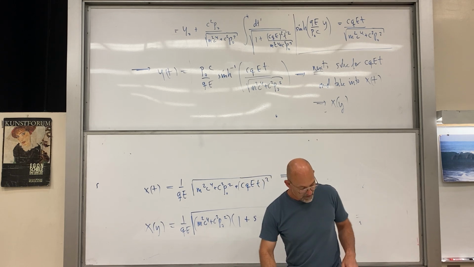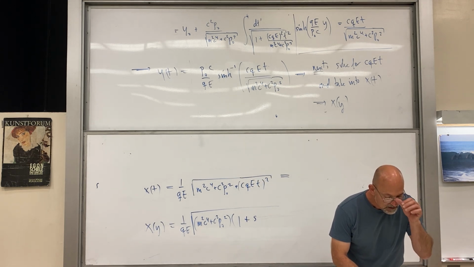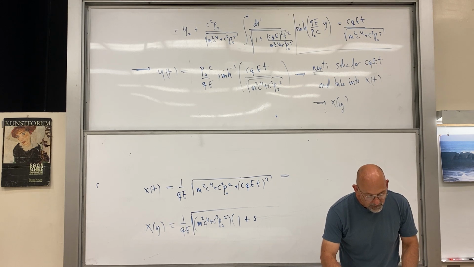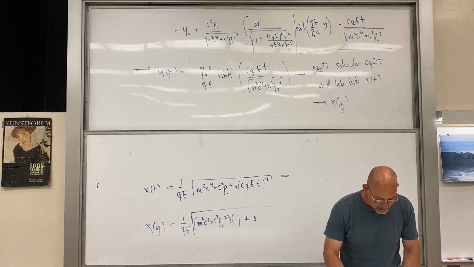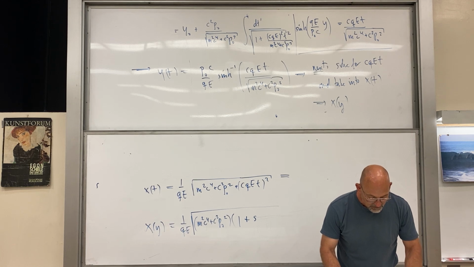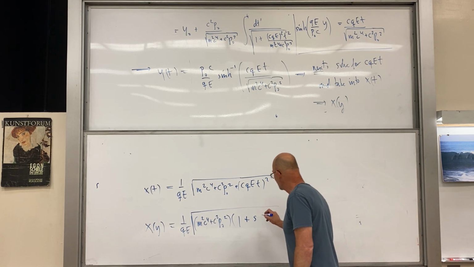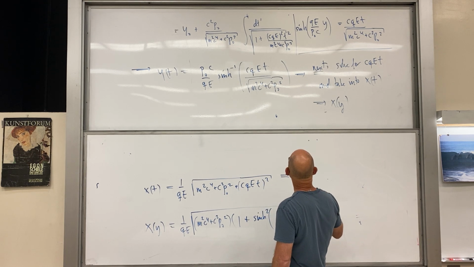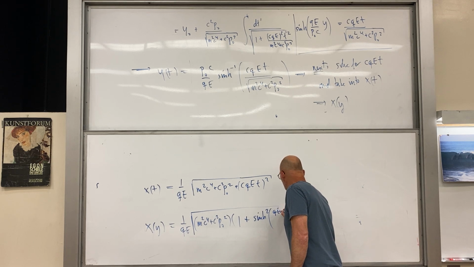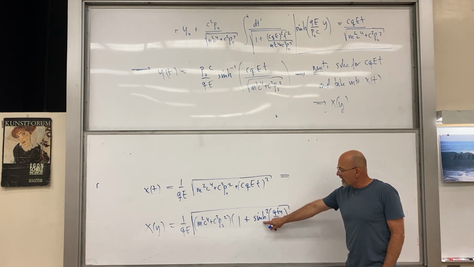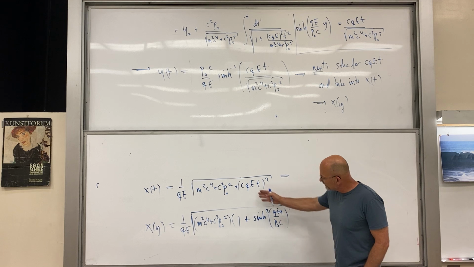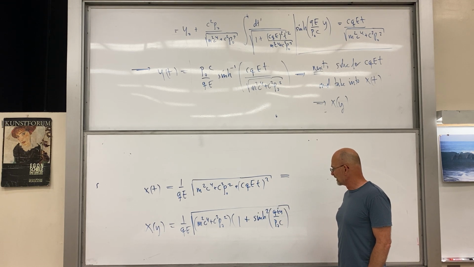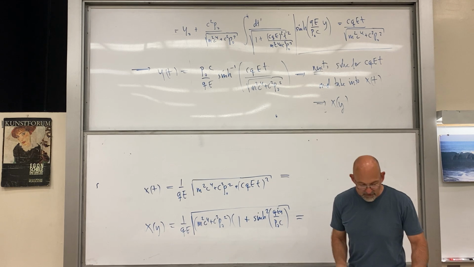And in fact, let me go ahead and I'll write it in there. So 1 plus hyperbolic sine squared of the argument, qEy over p0c. But that is the hyperbolic cosine squared, and we're going to pull it out of the square root. And then we'll have our final result.